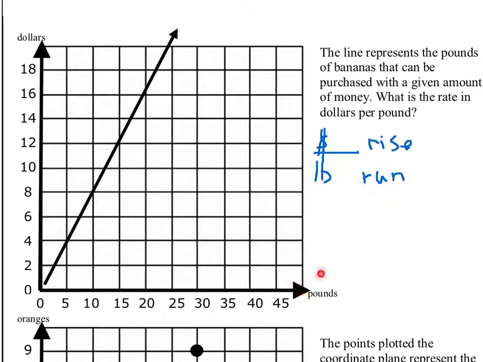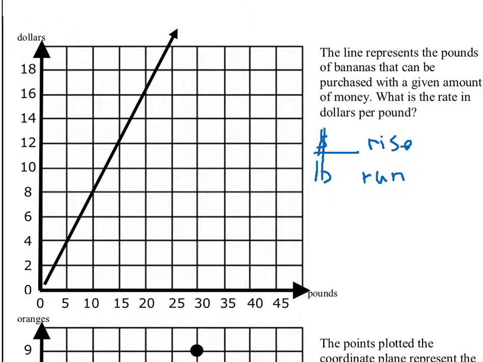Pounds. The interval is 5. Definitely have to keep an eye on that. So that double checks our run axis has the right units. What about our rise axis? Does it have the right units? Yeah, it says it's supposed to be dollars. Indeed, it's dollars.